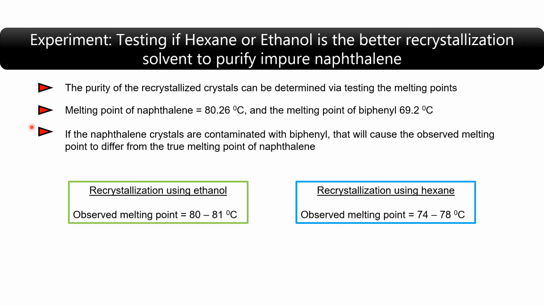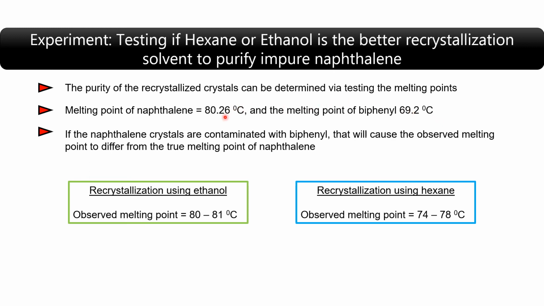Another way to confirm this: the earlier slide was just looking at the recovery percentage, but that doesn't necessarily tell us anything about the exact purity of the crystals. Therefore, we can do a melting point test to find out the purity of the recrystallized crystals. The melting point of pure naphthalene is 80.26 Celsius, and the melting point of the impurity biphenyl is 69.2 Celsius.